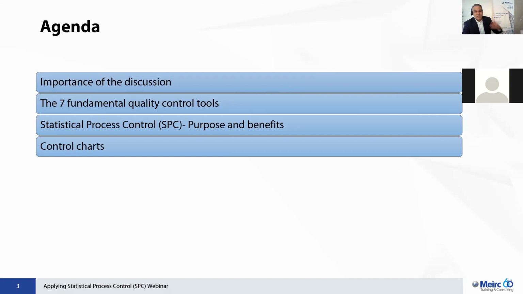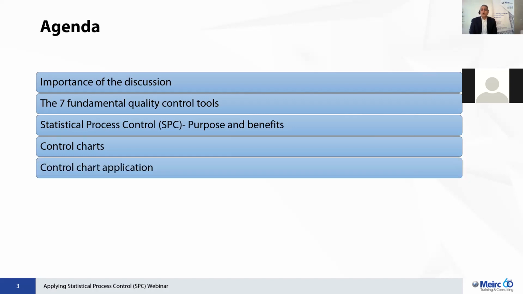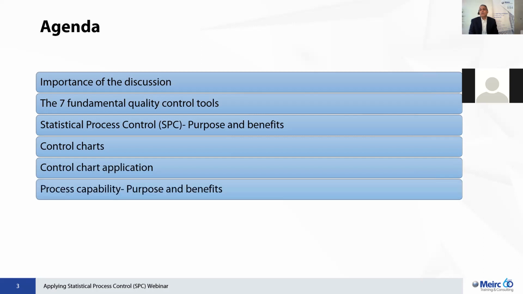I know we can spend the whole day on control charts, but I've selected a number of slides that can give us a little bit more information on the control chart applications, and hopefully we can use Minitab to generate that. Then we will move to another topic, which is called process capability. What is process capability and how can we use it to measure whether we have a good process?